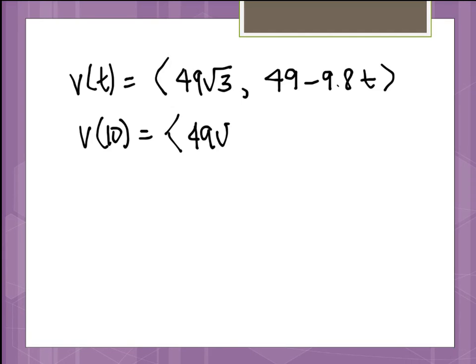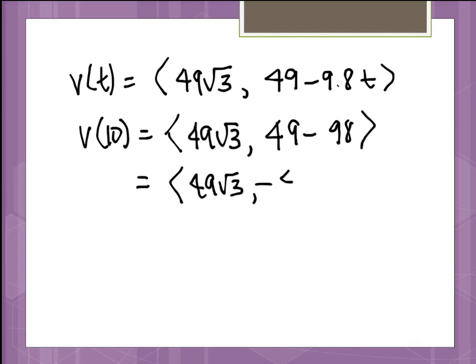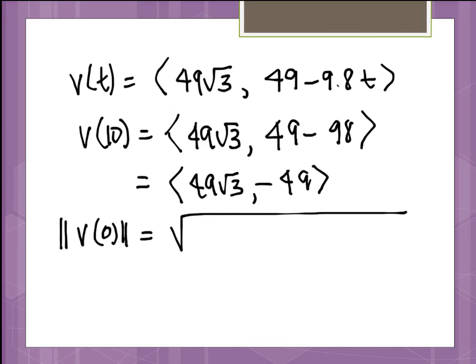So I have 49 square root of 3. And then I have 49 minus 98. What's that, negative 49? And then we're going to find the magnitude. So I have 49 square root of 3 squared plus negative 49 squared.